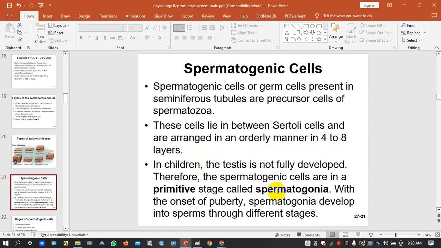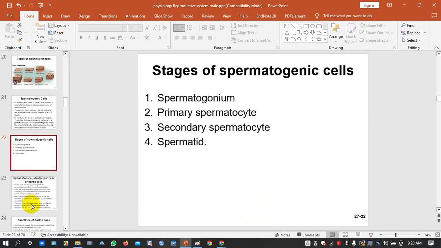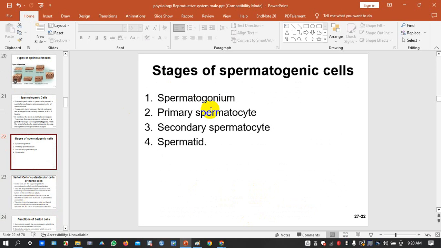Therefore, the spermatogenic cells are in a primitive stage called spermatogonia. With the onset of puberty, the spermatogonia develop into sperm through different stages. So, stages of spermatogenic cells. We have the spermatogonium, primary spermatocyte, secondary spermatocyte, and the spermatid.